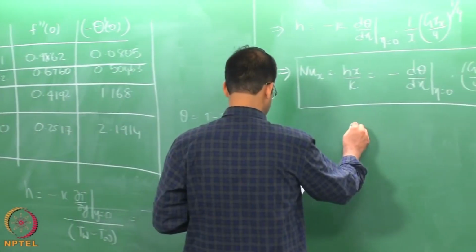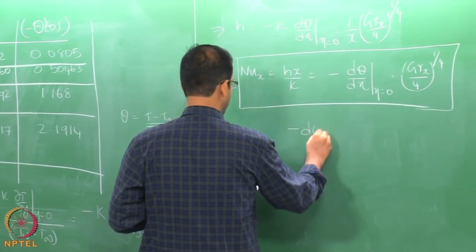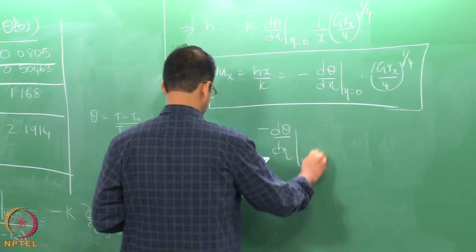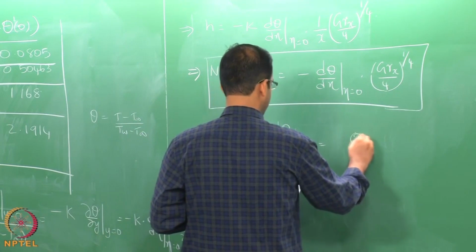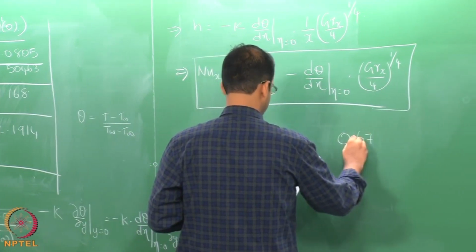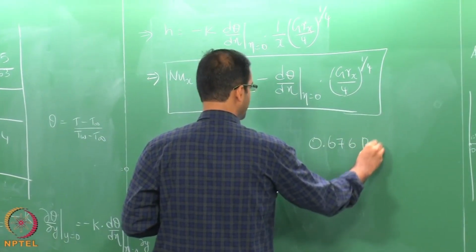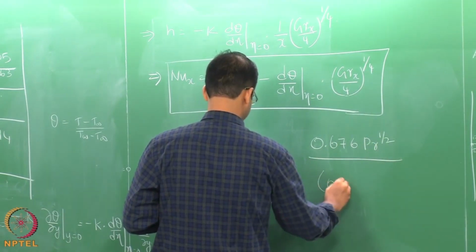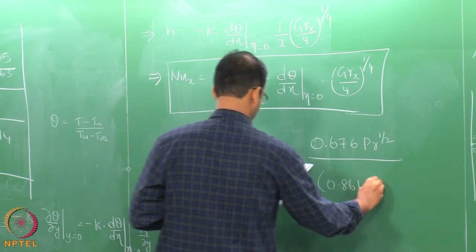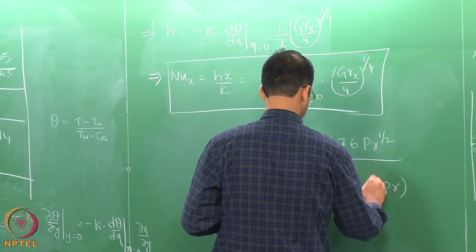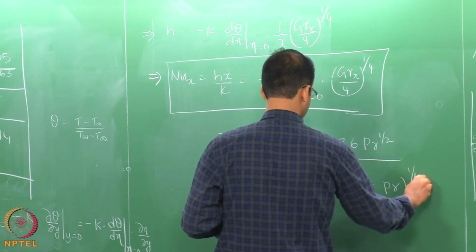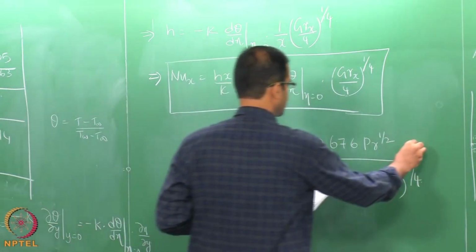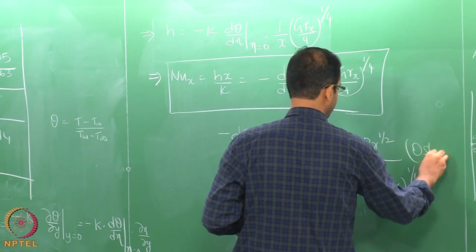So according to that, it comes out to be minus d theta by d eta at 0 according to Ostrach is 0.676, okay. So this was by Ostrach.